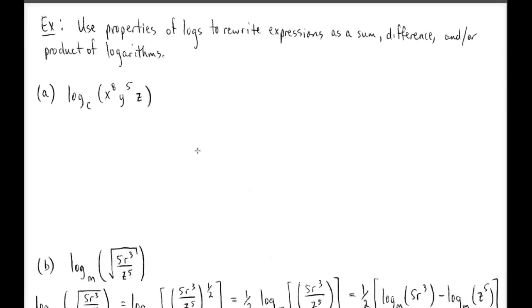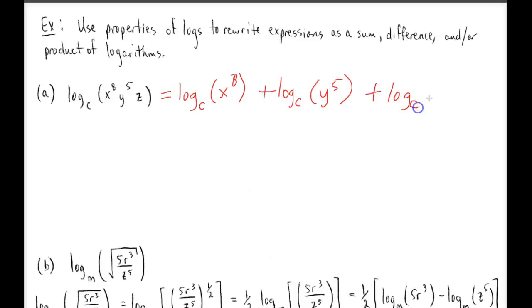So we see that we're going to use properties of logs to rewrite the expression as a sum or difference of logarithms. So we're going to basically expand this out. So this will be log base c of x raised to the 8th plus log base c of y raised to the 5th plus log base c of z. Okay, and we're doing that because all three things on the inside of the logarithm are being multiplied times each other.